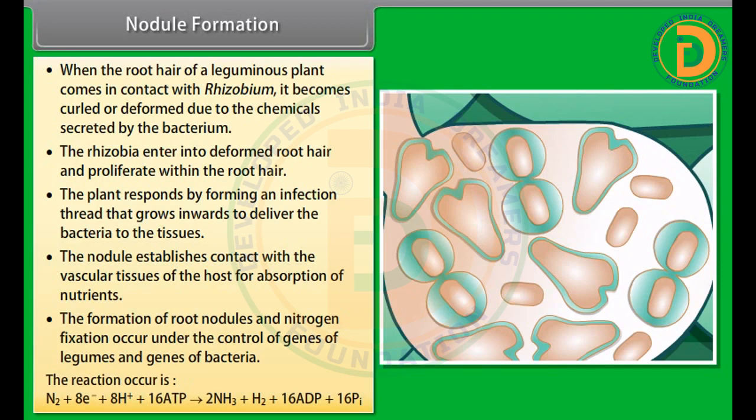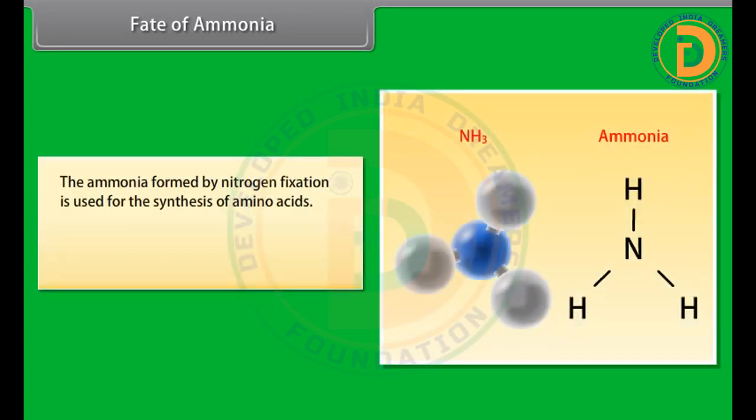The reaction that occurs is nitrogen plus 8 electrons plus 8 hydrogen ions plus 16 ATP gives 2 NH3 plus hydrogen plus 16 ADP plus 16 Pi. Fate of ammonia. The ammonia formed by nitrogen fixation is used for the synthesis of amino acids.